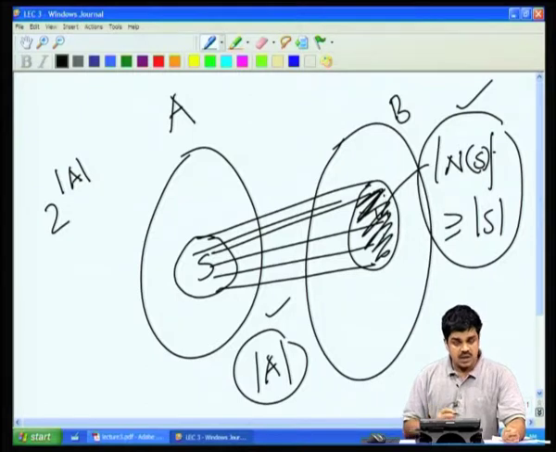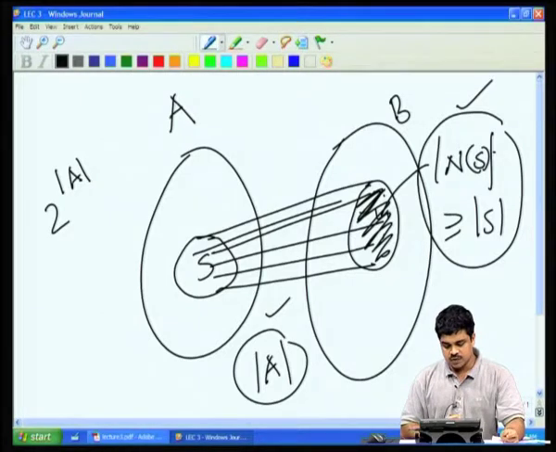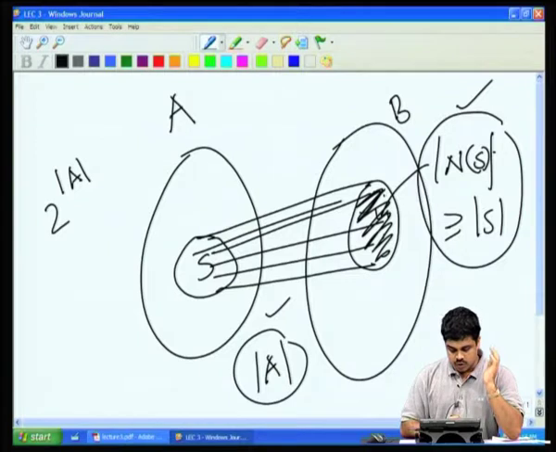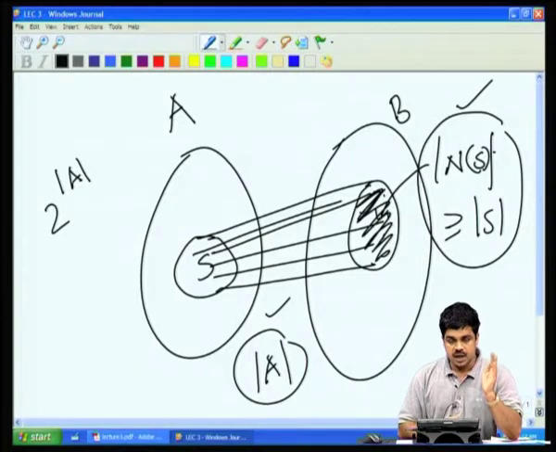Now, last class we proved this theorem using a theorem which we had already proved before that, which was König's theorem. König's theorem was about the vertex cover and the cardinality of the minimum vertex cover and the cardinality of the maximum matching in the bipartite graph. We used that to deduce Hall's theorem in the last class.